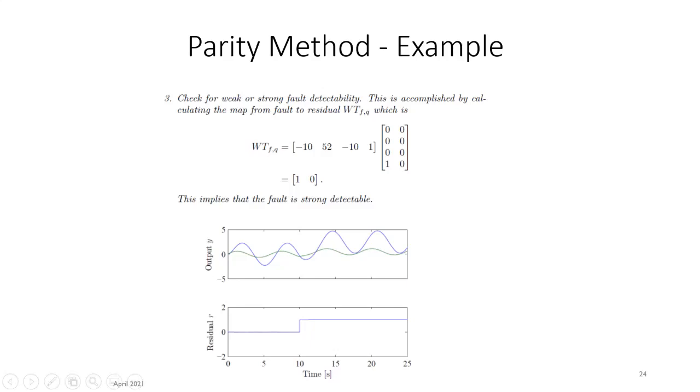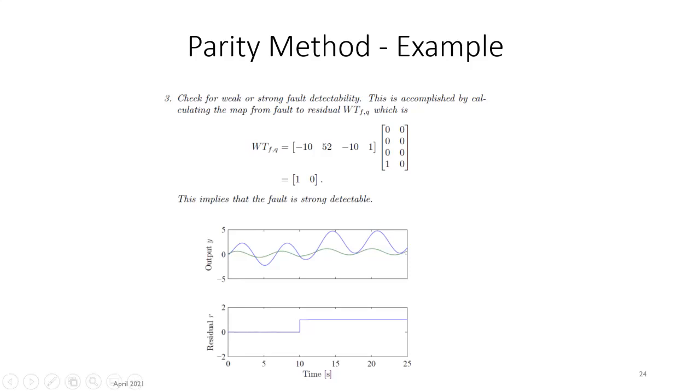This value is the coefficient of the fault, and if you multiply by the fault, you get the residual. Since it is not a function of time, there's no reason for it to disappear, so the residual will stay non-zero if a fault happens. Because of that, in this example, you have strong detectability by designing a residual generator using the parity method.